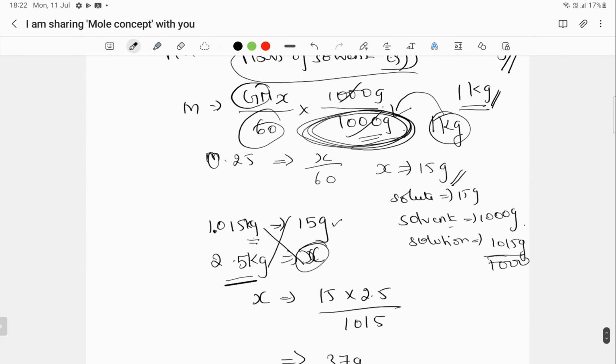No, ma'am. See, everyone will have a doubt at this point, about how this 1000 grams comes. When you do more problems you will get it. This is your first problem, correct? As you see more problems, you will automatically know, because the mass of solvent can be at most 1000 grams, which is 1 kg.